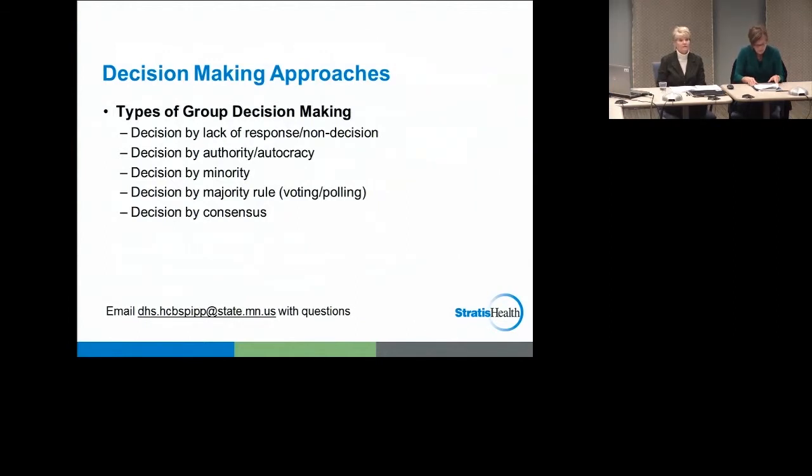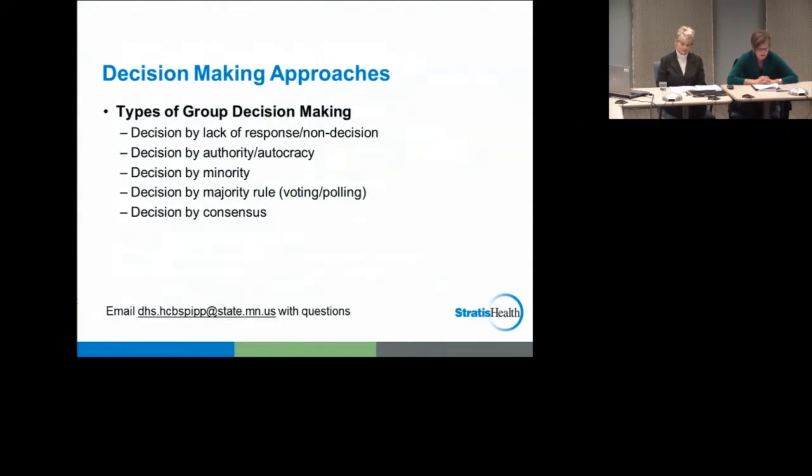So on this slide, we've listed for you the 5 most common decision approaches. One is by lack of response or a non-decision. We've probably all seen this occur, whether it was intentional or not. But the other 4 are really intentional approaches to decision making. Decision by authority is the example where one person has the authority and the responsibility to make the decision.